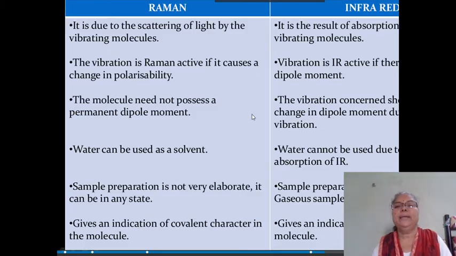Then we will see in brief what is the difference between Raman spectroscopy and infrared or vibrational spectroscopy. Here, Raman spectroscopy occurs due to scattering of light by vibrating molecules, and infrared or vibrational spectroscopy is related with the absorption of light radiation by vibrating molecules.